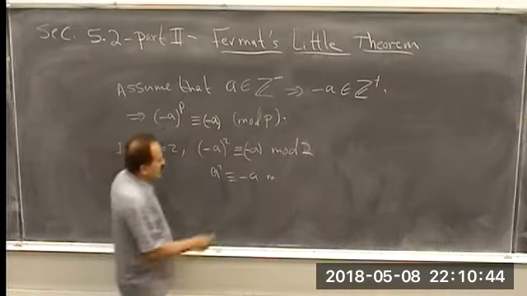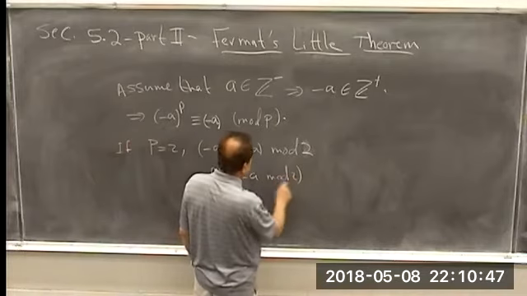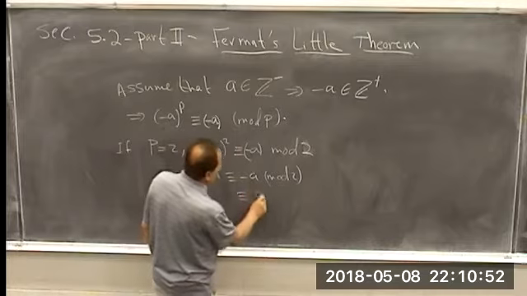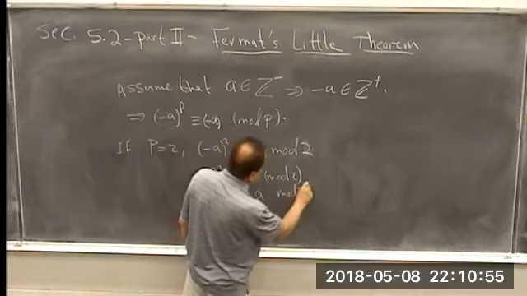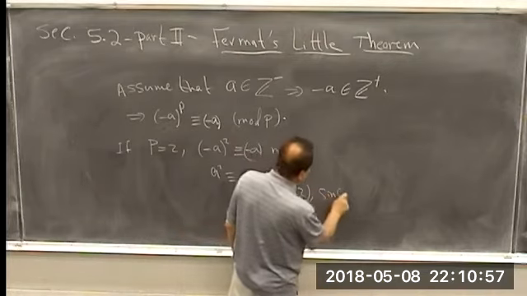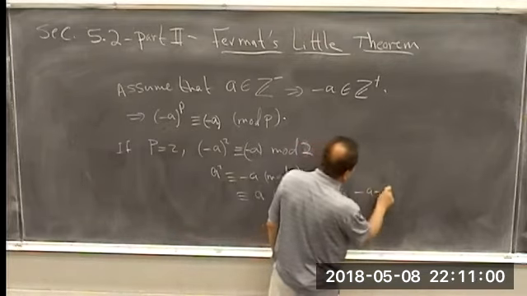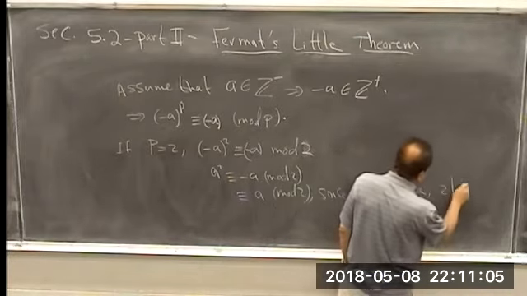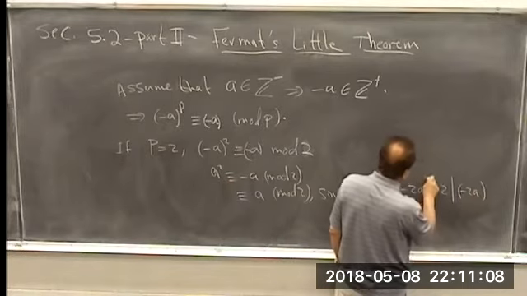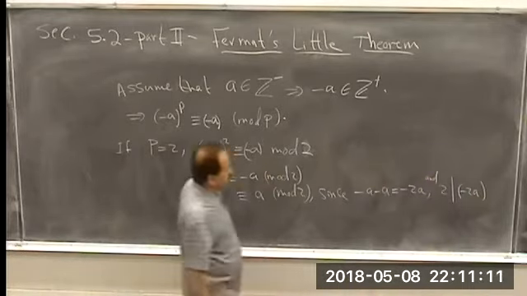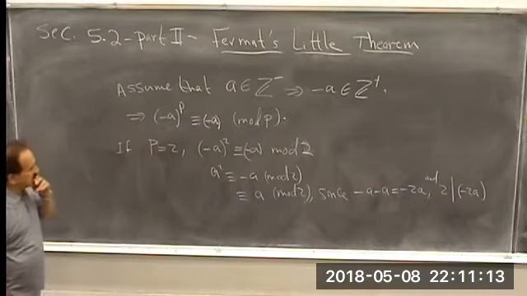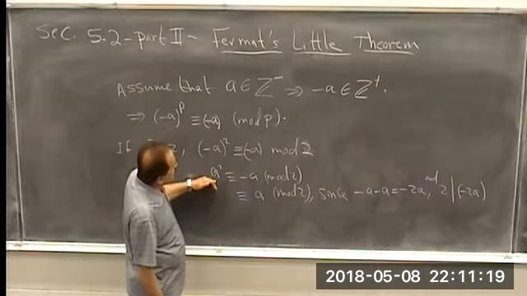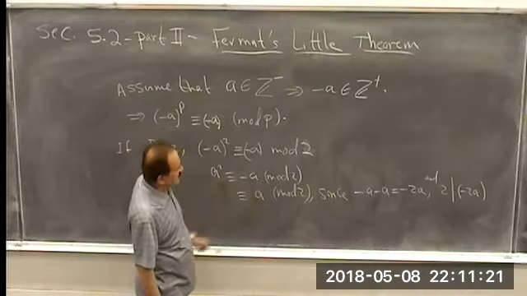But negative a also is congruent to a mod 2, since negative a minus a is equal to negative 2a, and 2 divides negative 2a. So in other words, the statement actually does hold where a is negative.